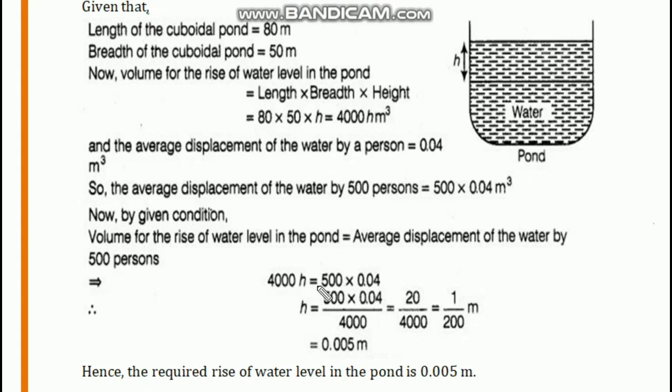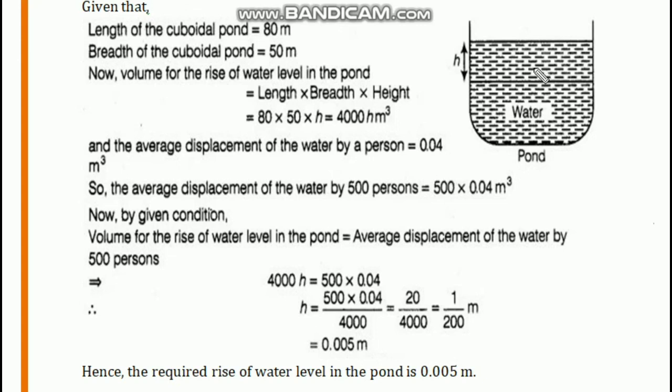So 4000 h is equal to 500 into 0.04. For simplification purpose I kept 0.04 as it is, or if you prefer you can multiply 500 into 0.04 in this step. And 4000 is transposed to the right hand side because here we need to find out the height.